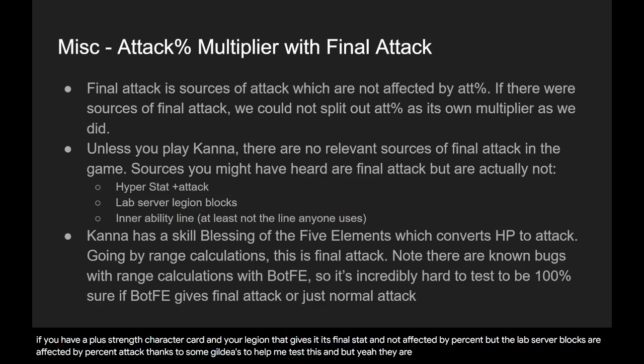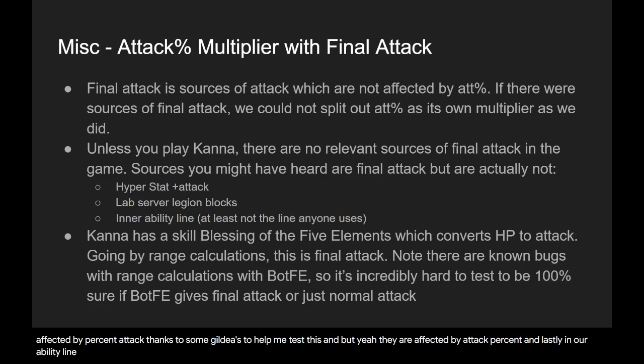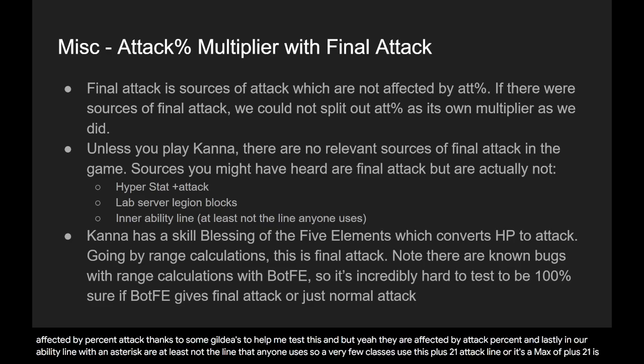And lastly, inner ability line, with an asterisk here, at least not the line that anyone uses. A very few classes use this plus 21 attack line, a max of plus 21 attack at unique, and that is affected by percent.